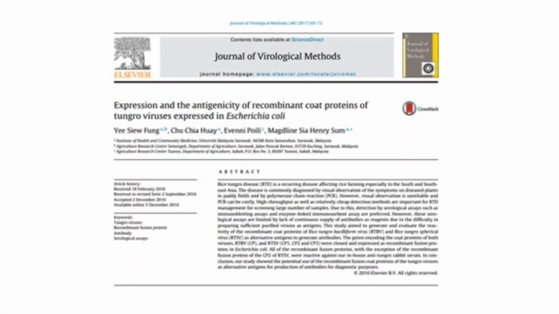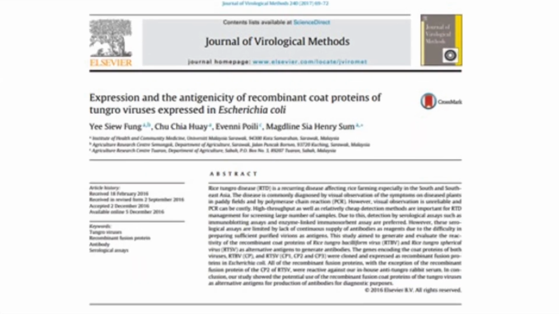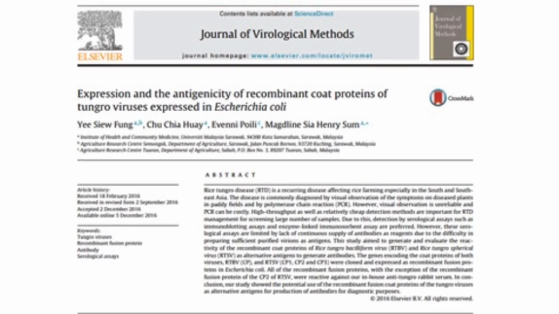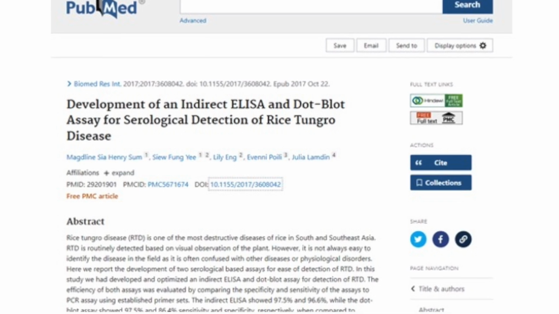So, how does our assay differ from what is currently available? Well, let me tell you, one of the major advantages of this assay is the use of recombinant proteins as the antigen, not only for antibody production, but also to be used in the assay itself. This overcomes the limitation in limited reagent supply faced by serological-based assays, especially for RTD detection.